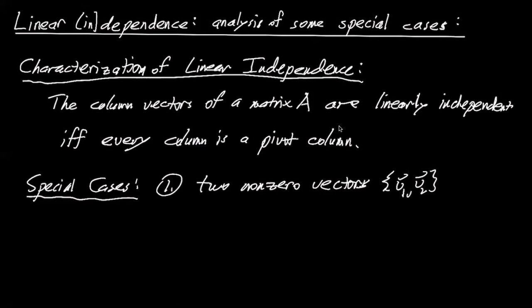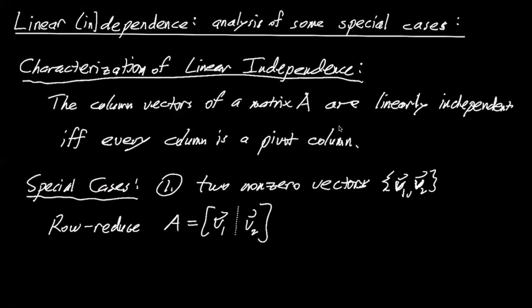Well, you think about the matrix A whose columns are v1 and v2. Sometimes I put a little dotted line, just to say these are two columns, they're both vectors.